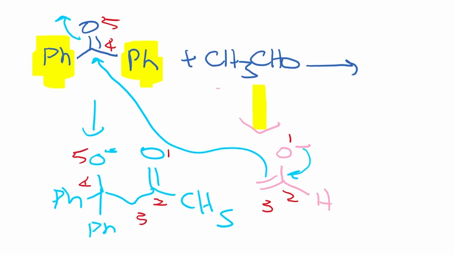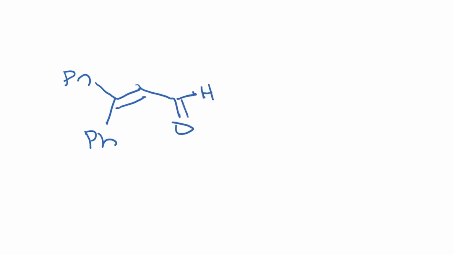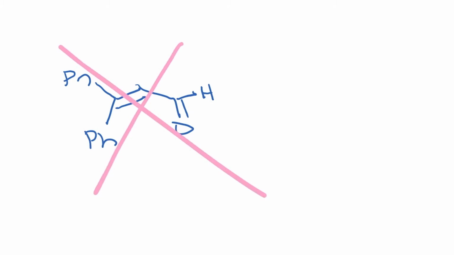Okay, so by extending the logic further, the product that we would get would be Ph. Once it undergoes the E1CB reaction, you will get this as the product, right? So this is a fairly straightforward argument, except that this is not the product that is formed.